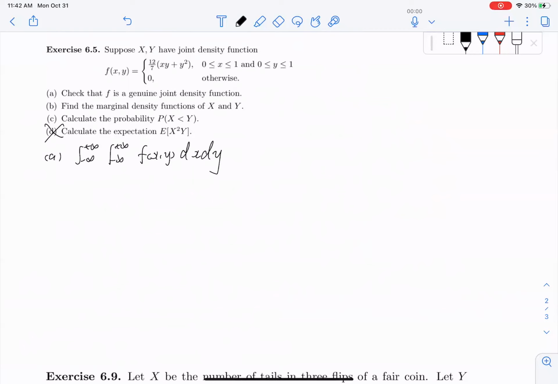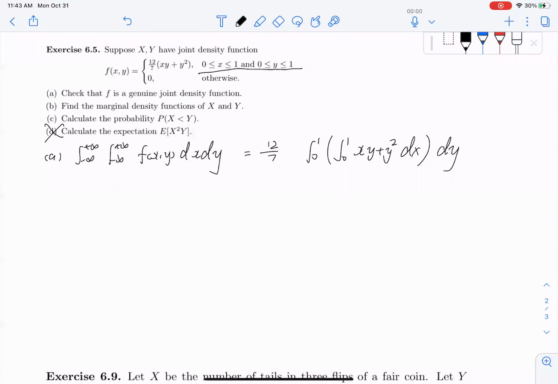But in this question, we can see that x and y are defined between 0 and 1, which means this integration region can be narrowed down a little bit. So it equals, I put the coefficient here, the integral from 0 to 1 and from 0 to 1 of xy plus y squared dx dy, right?